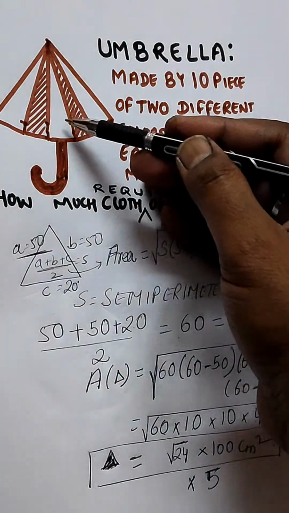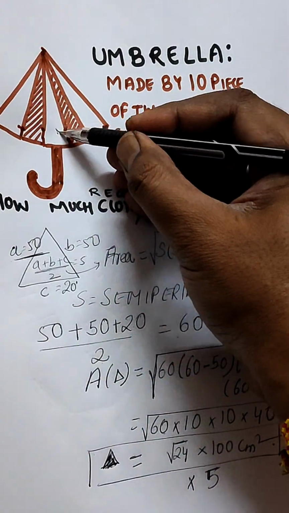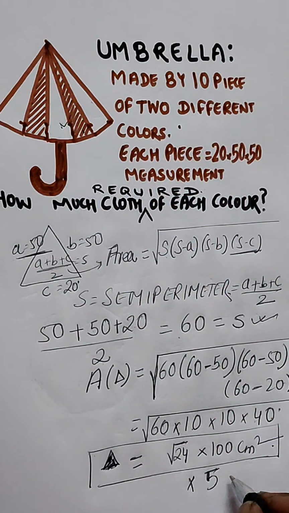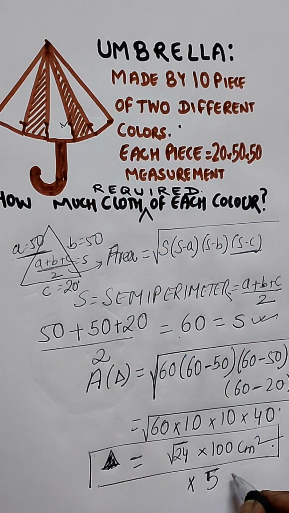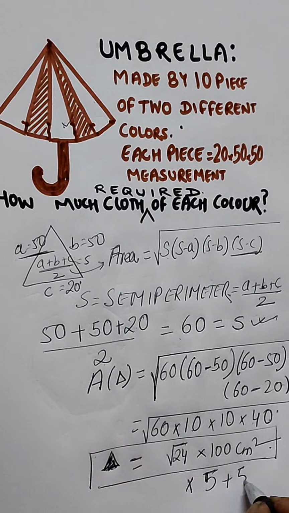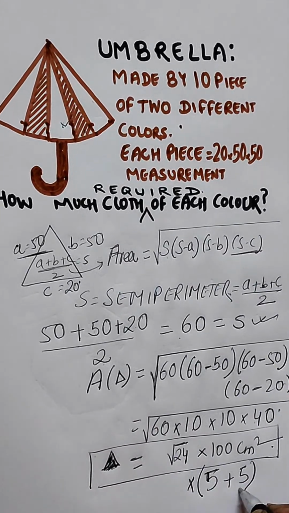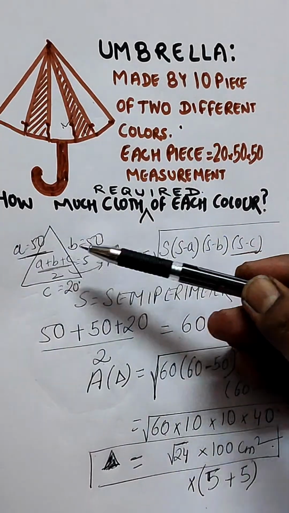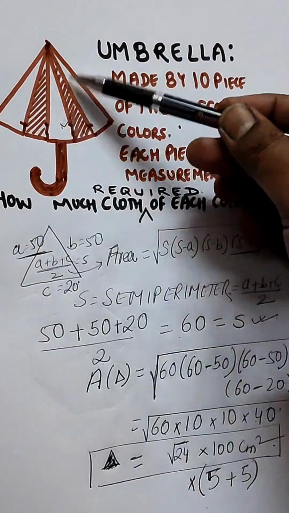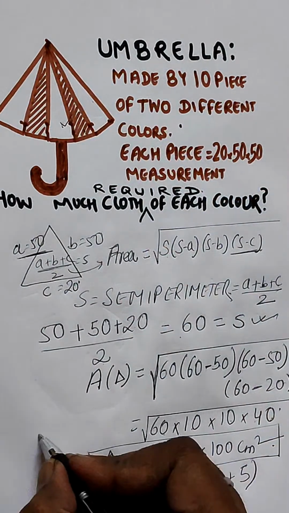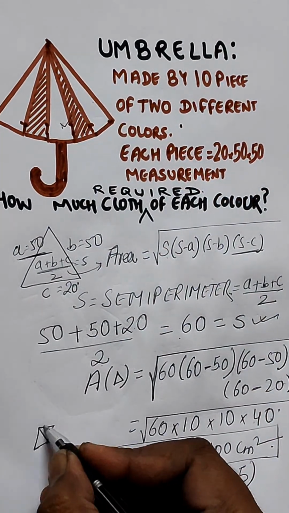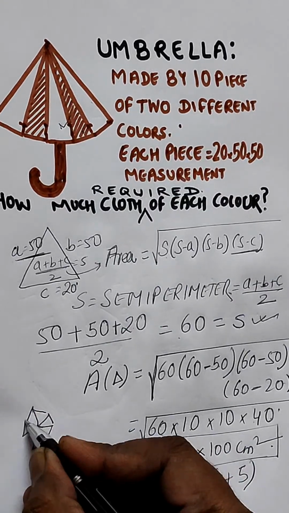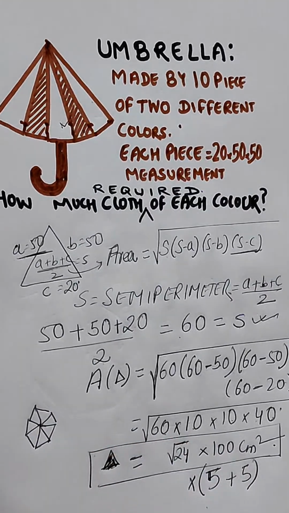And the other color, the blank one, is again 5 pieces. So 5 plus 5, 10 pieces of such cloth will be required, in the form of triangles, and such 10 pieces are stitched together like this to form an umbrella, right?